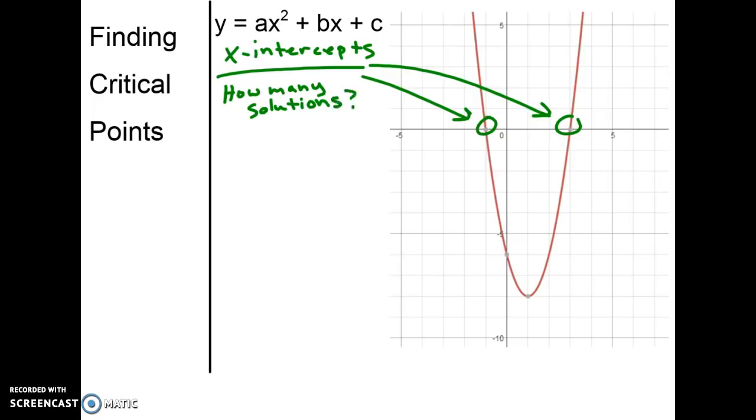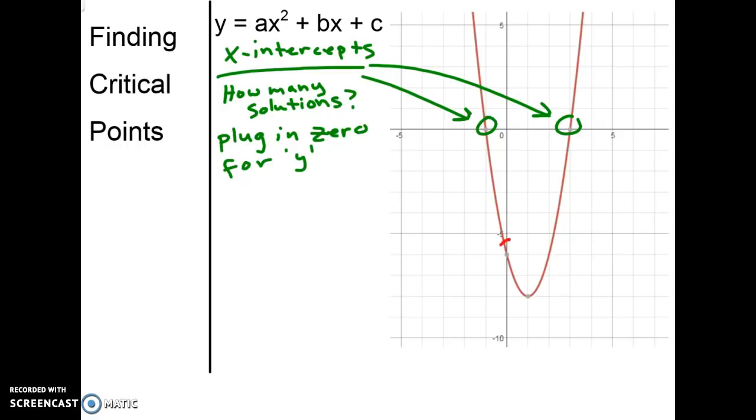If you want to find the x-intercepts, you plug in 0 for y and solve, and you'll find your x-intercepts, which is basically our main point.